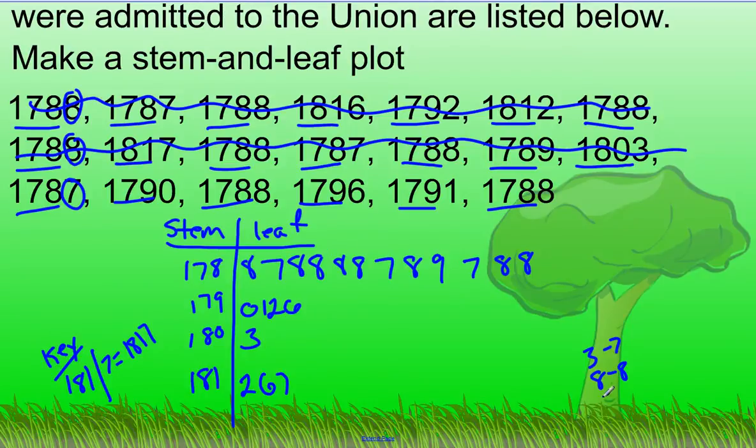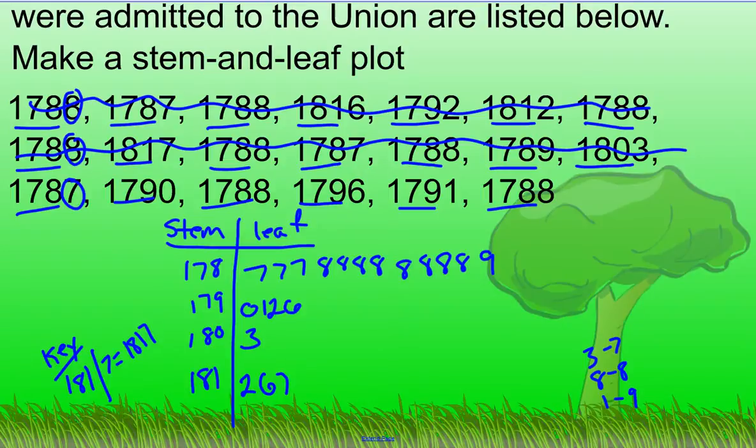And 1 9. So this is now an ordered stem and leaf plot. Each number only has one leaf. Everything else in the number is going to be part of the stem.